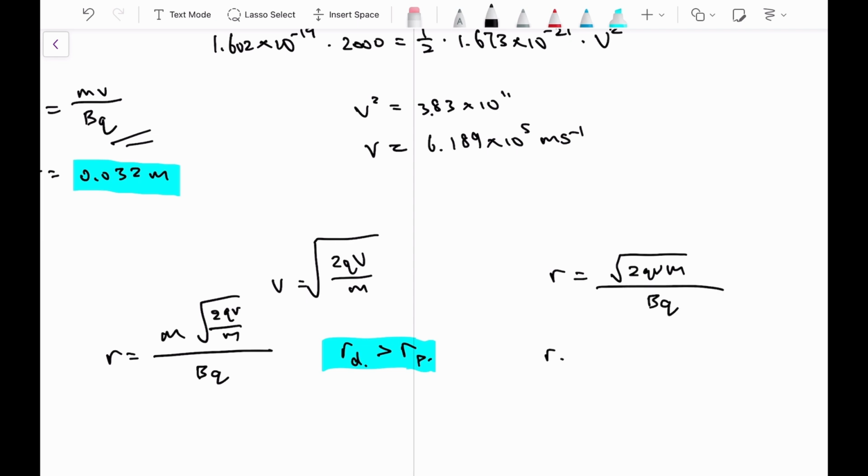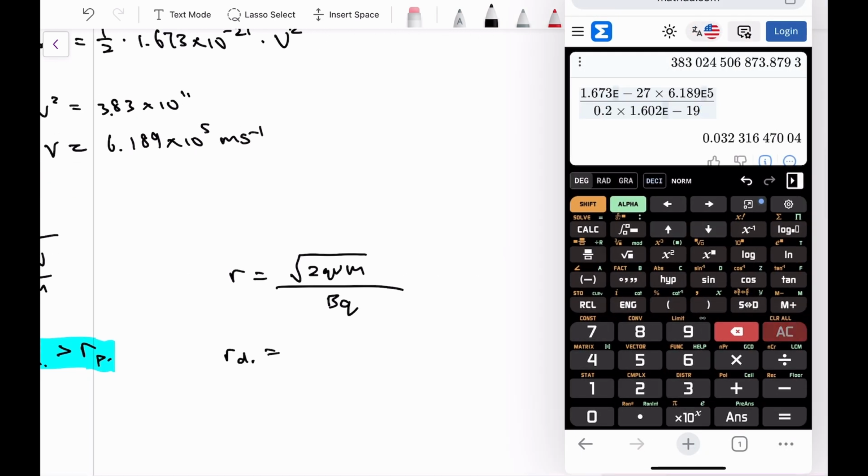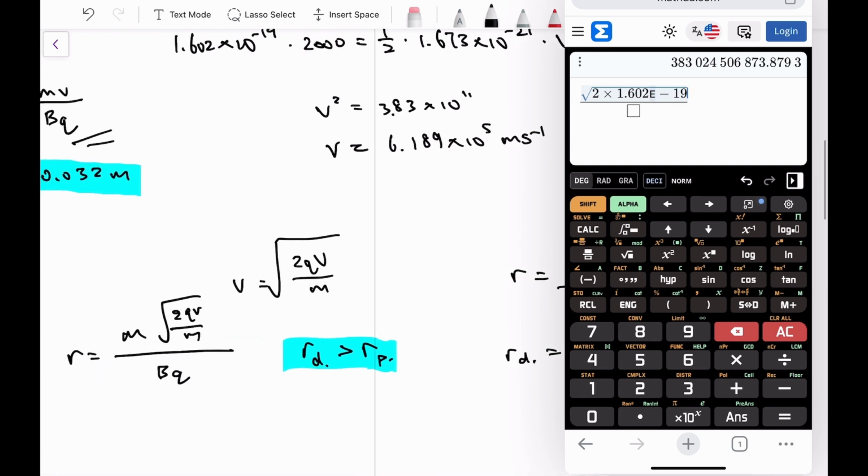So we can say r for the deuteron will be equal to a fraction, the square root of 2 times the charge. The charge will still be 1 elementary charge, so there's no change for that. And then 2qV, wait, there's a V.